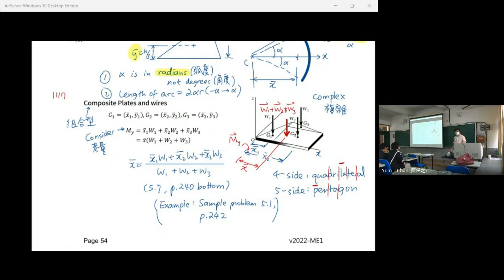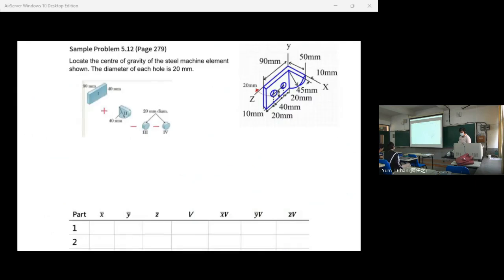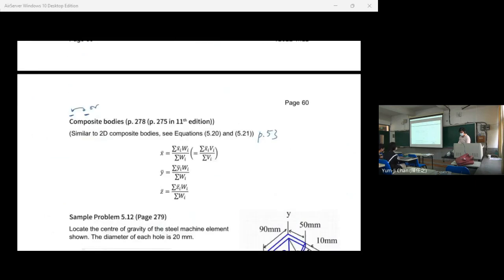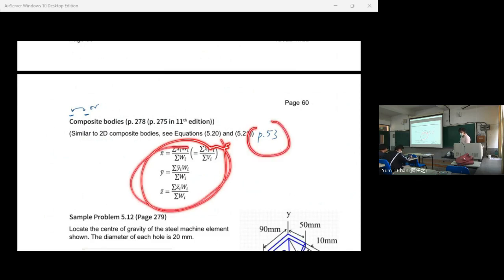So here on this page, we are just doing the same thing on 3D bodies. If you have problems with these shapes or these equations, go to page 53 and check those for 2D. Okay.